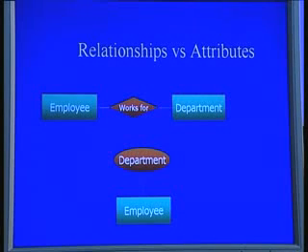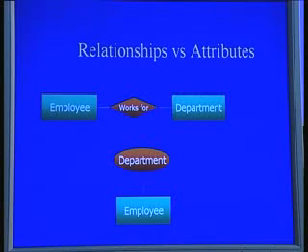Now next we come to a kind of a tricky problem here. Have a look at this slide carefully. The first picture above shows the relationship type. It shows employee works for department, and the second picture below shows employee as an entity and department in which the employee works in as an attribute of employee.